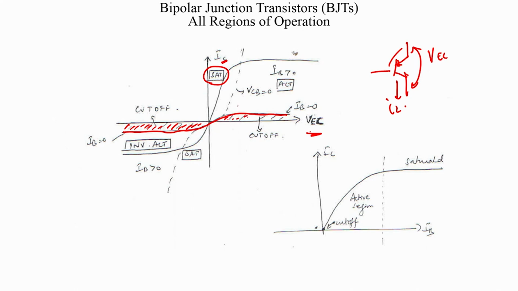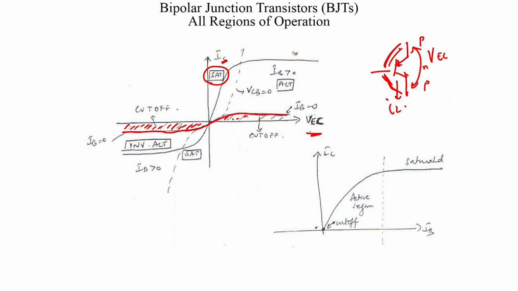the collector current increases, and for large VEC essentially what we are saying is that the emitter base voltage becomes positive and the base collector voltage becomes positive, which means that the junction is now reverse biased, and therefore you start having a characteristics of this kind.